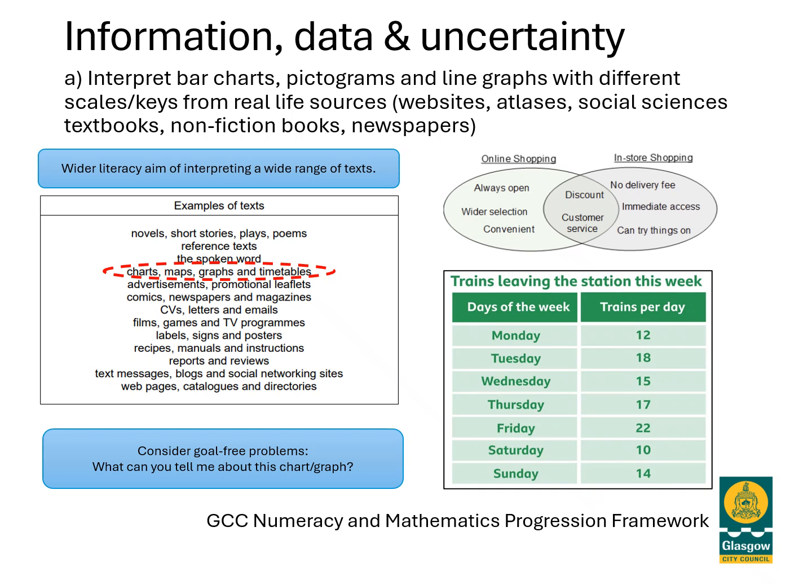And that's why information, data and uncertainty features as a beyond number topic in 4 out of our 6 blocks, rather than just a couple of times, because there's so much to get familiar with and it's absolutely crucial to lots of other curricular areas too.